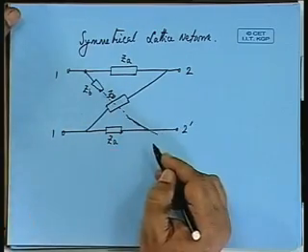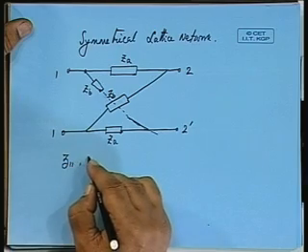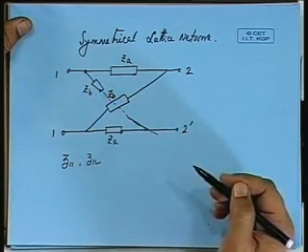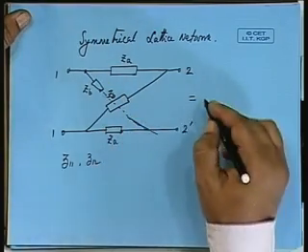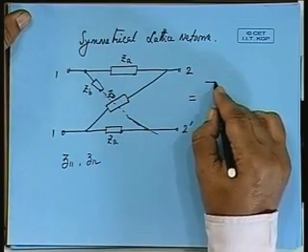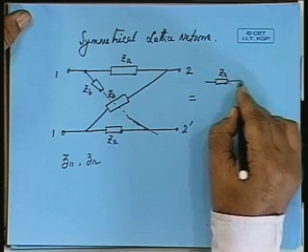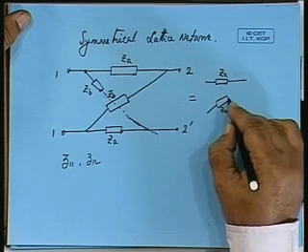Now, for this network, what will be Z11 and Z12 in terms of ZA and ZB? See the symmetry, we shall be denoting this henceforth by an impedance ZA and ZB, okay.